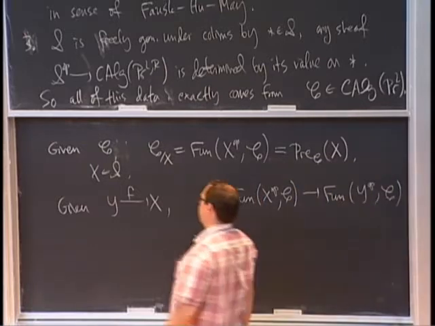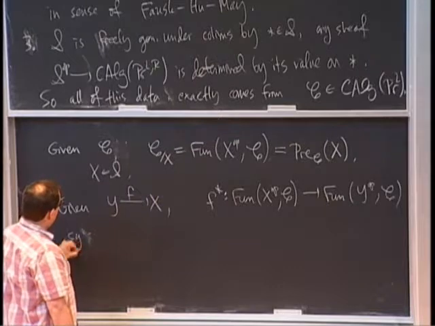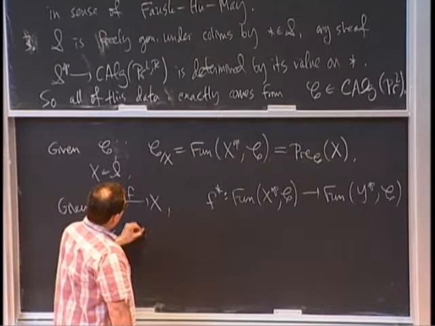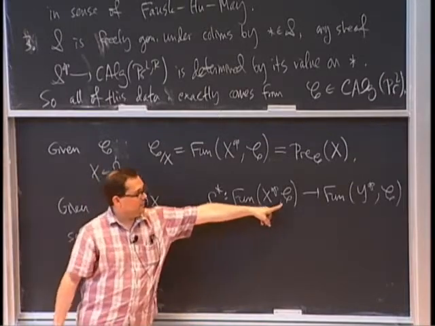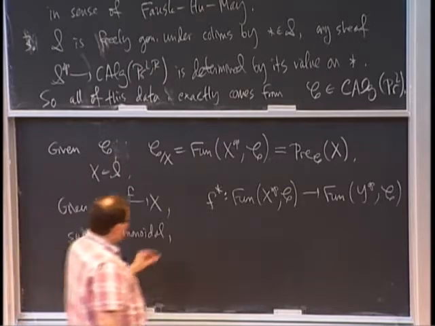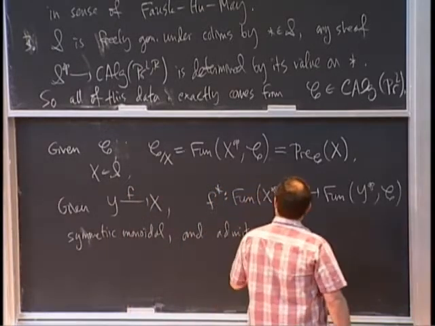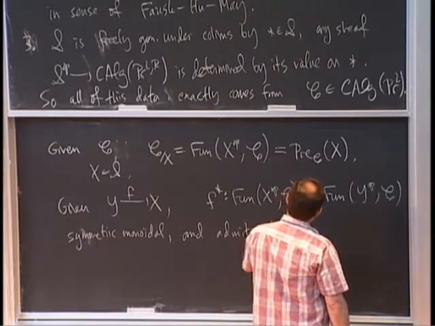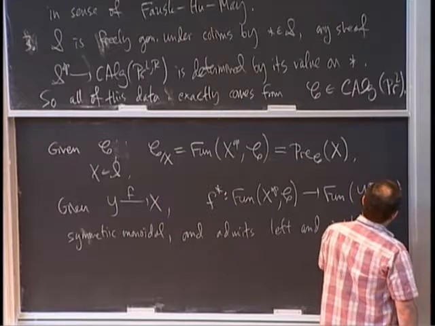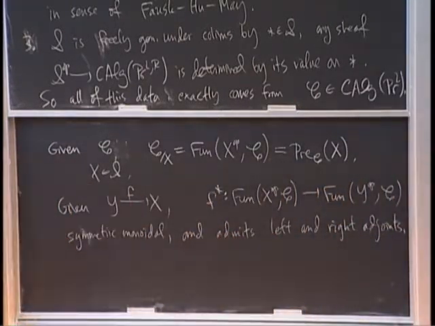And this is symmetric monoidal, because I'm just defining the monoidal structure here to be pointwise. And it admits left and right adjoints, which are just the left and right Kan extension functors.